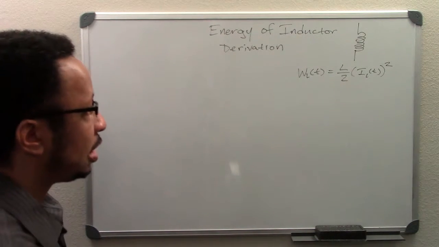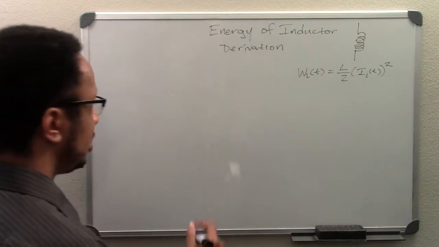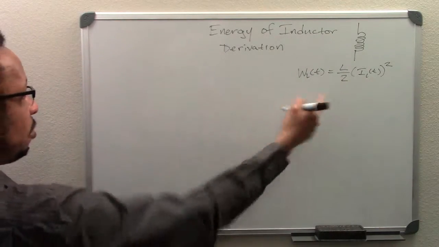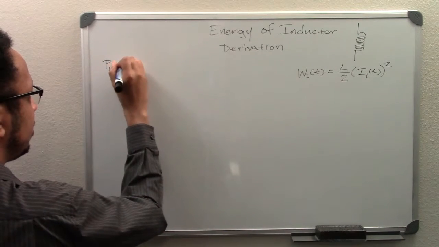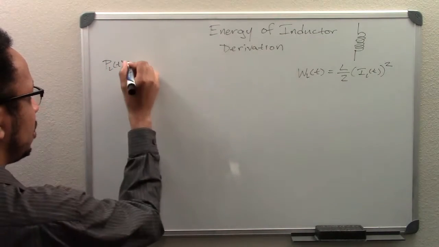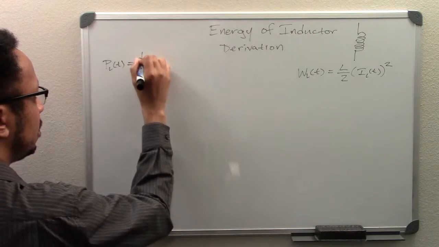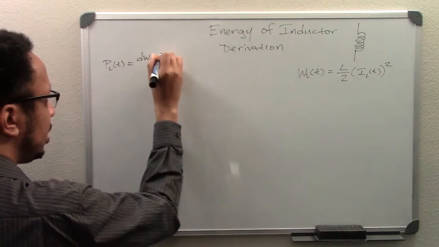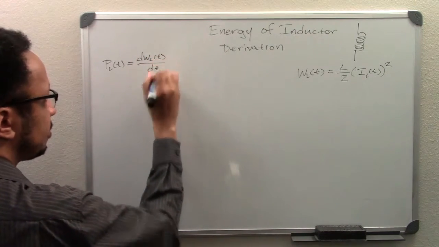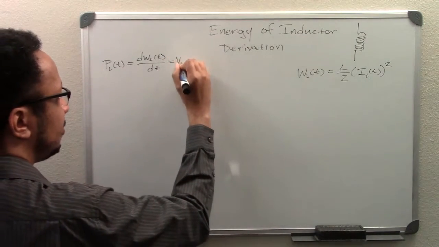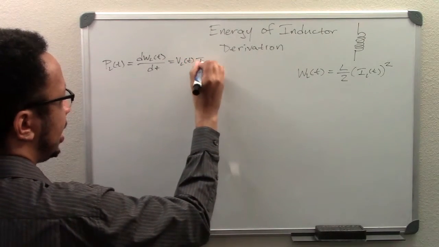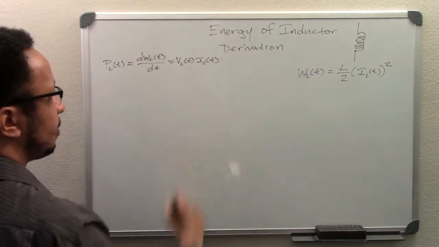i_L(t) is the current through the inductor, and W_L(t) is the work or energy of the inductor. And so we'll start our derivation of this formula here by taking notice of the fact that p_L(t), which is power, is equal to dW_L(t)/dt, which is also equal to v_L(t) i_L(t).